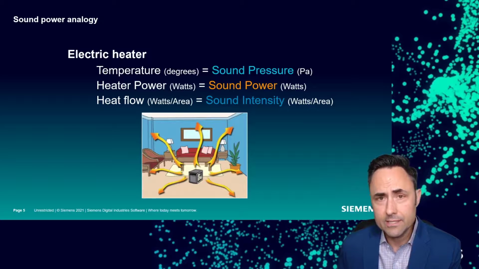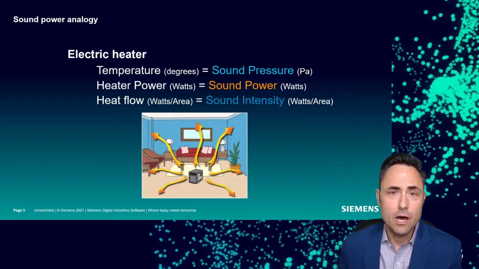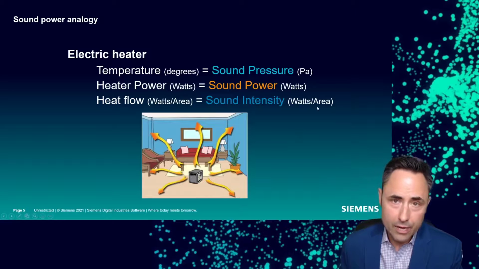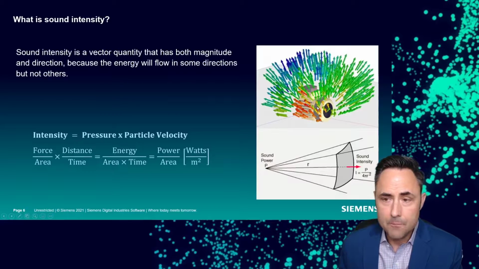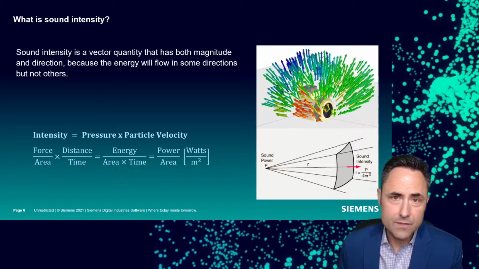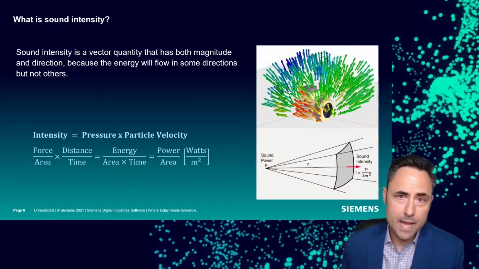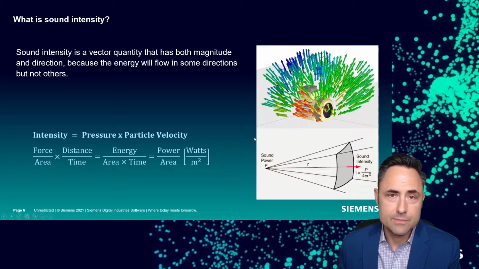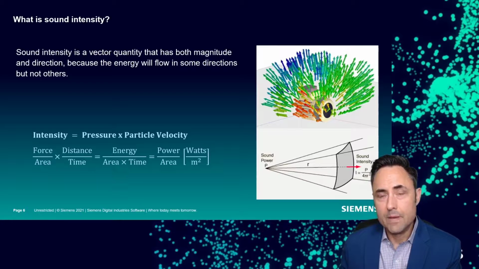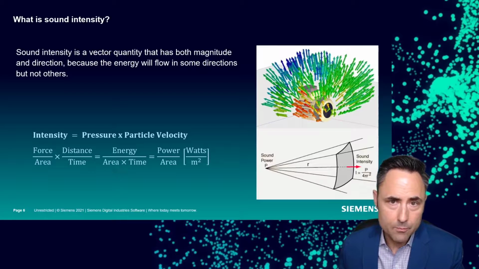And so sound intensity is really concerned with the amount of energy per unit area, or watts per unit area, okay? And so we take the sound energy and we sort of map it to how much comes out given a unit area, and we measure it in such a way that we end up with a vector, okay?